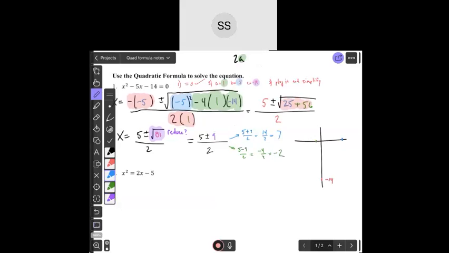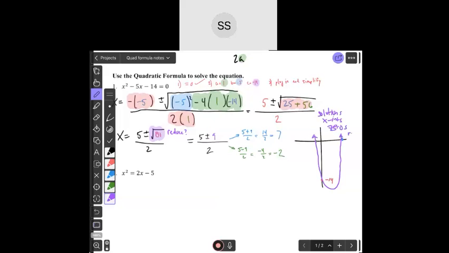Which means that our graph opens up because of the positive x squared. So our graph would do something like that.